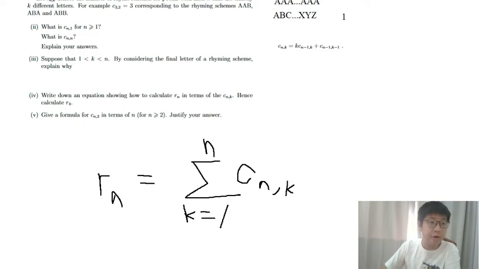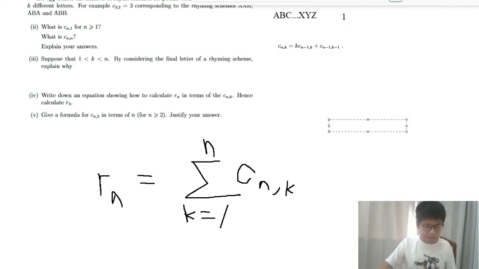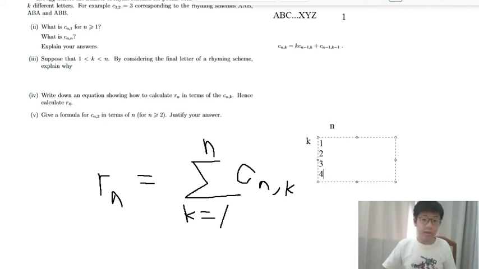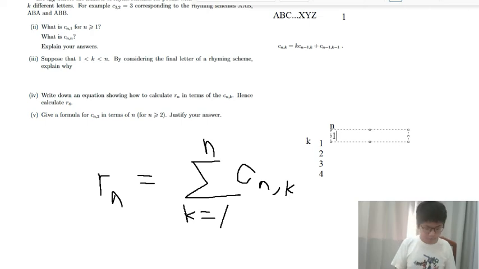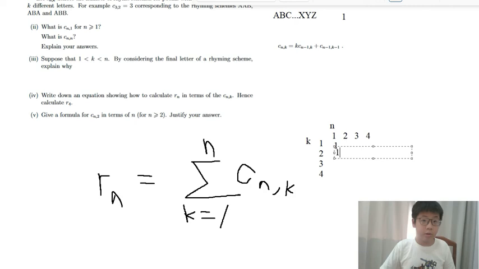Using this recursive formula, we can write down a table of C_n,k. We have n here and k here, 1, 2, 3, 4, and for n, 1, 2, 3, 4.